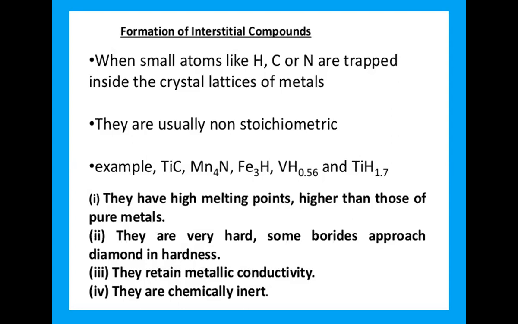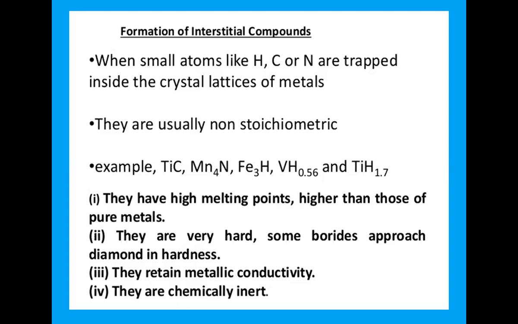And what are the properties of these interstitial compounds? These interstitial compounds have a very high melting point compared to their pure form metal. It is because trapping leads to the development of more forces that need more energy for their decomposition. That is why they possess a high melting point compared to their purest form.